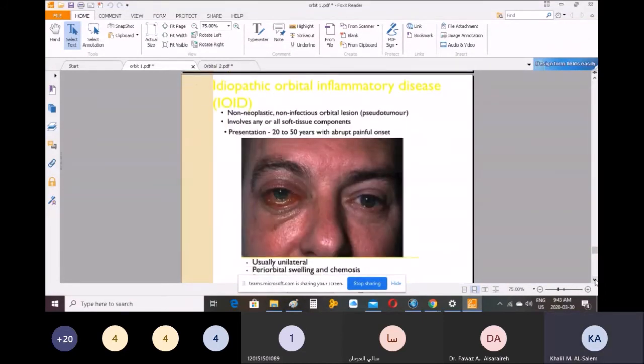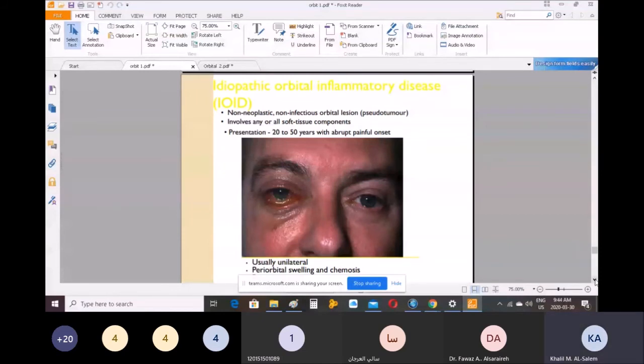Okay, now as for idiopathic orbital inflammatory disorder, this is a non-neoplastic, non-infectious orbital lesion. In the old days, they used to name it Kimura disease, first described in 1992, I guess. They come with, as you can see, swelling.